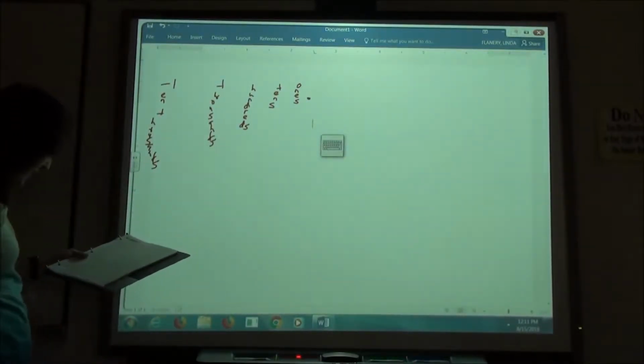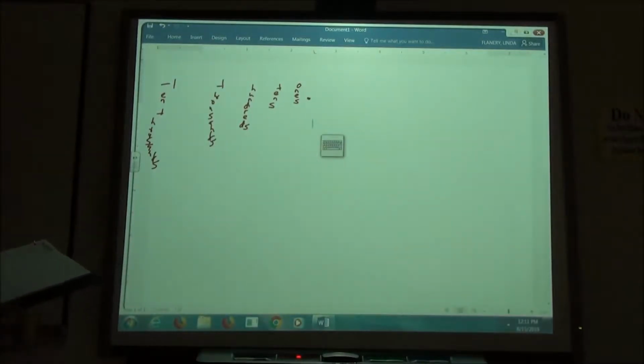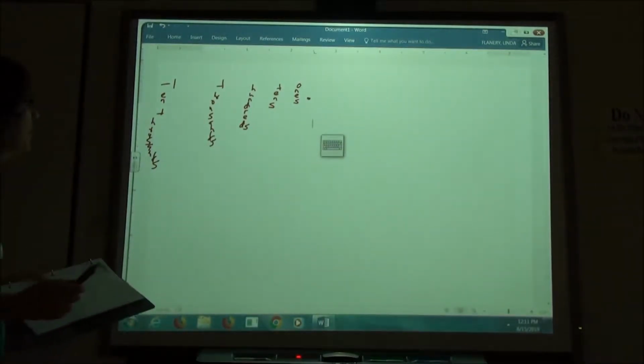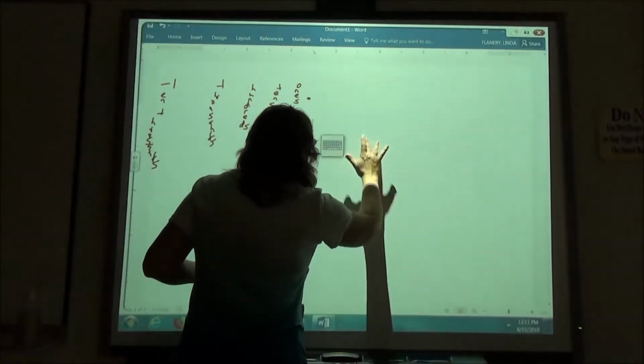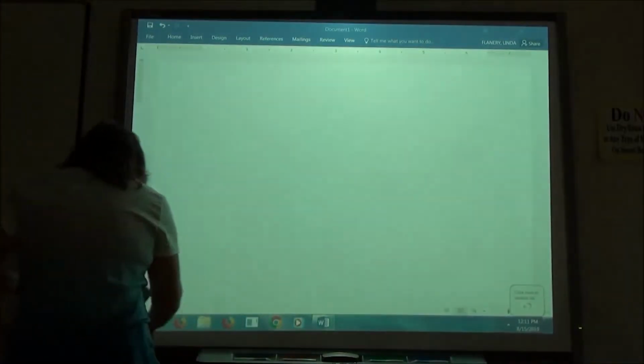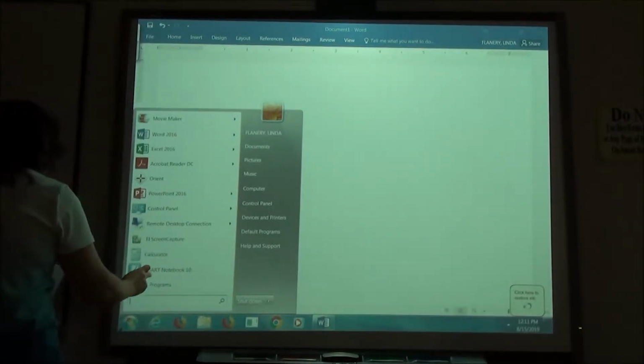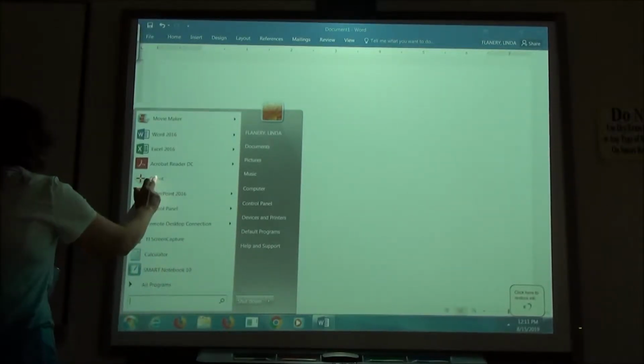You may have more places than that, because it goes to 100,000s and so forth. I'm going to erase that and hopefully quickly fix the board so it writes where I think it should.